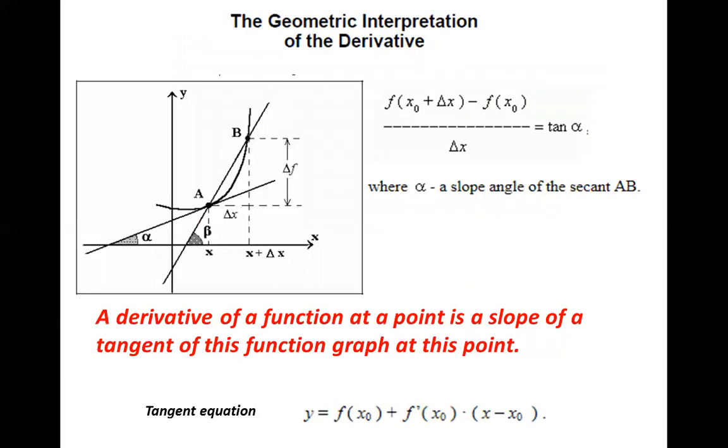Geometric interpretation of the derivative. Consider the function y equals f of x, where alpha is the slope angle of the secant AB. The derivative of a function at a point is the slope of the tangent to this function's graph at this point.